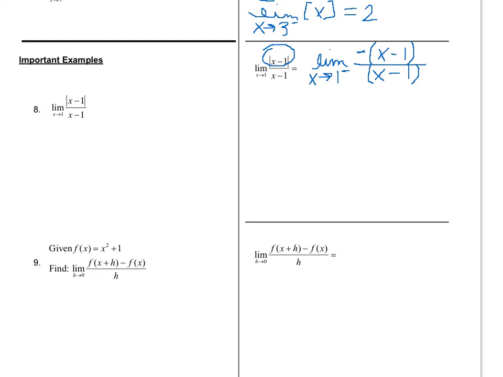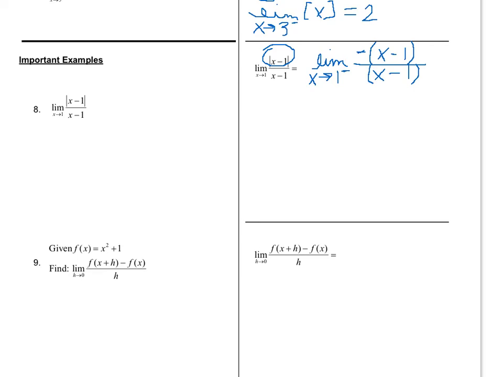Again, x is approaching 1, it's a constant. I would try to substitute it in, but I ended up with a 0 on the bottom, and I would like to simplify this problem. So we determined that x equals 1 is the location where the absolute value becomes important. To the left of 1, the inner quantity would be negative. So in order to account for that, I put a negative out front.